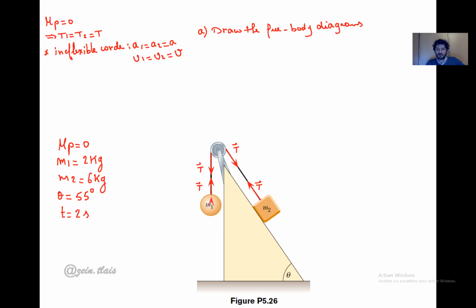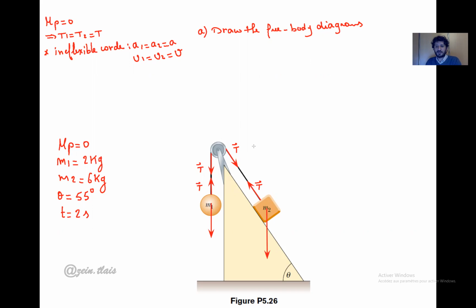On M1, we have the weight and the tension, okay? On M2, we have the weight. Be careful, the weight must be vertical, okay? I think that's all. The pulley is massless, so we don't have a weight on the pulley, and we don't have action and reaction in the case of a massless pulley.